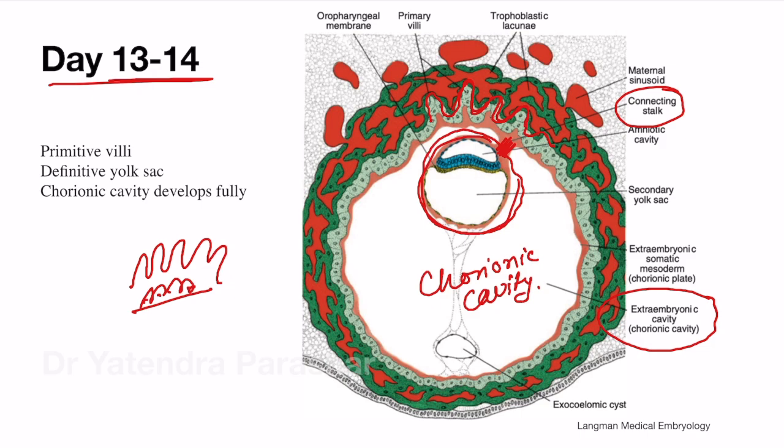Here we can see the yolk sac is now known as the secondary yolk sac because it is covered with mesoderm. The mesoderm which covers the yolk sac is the extraembryonic splanchnic mesoderm, and the layer of mesoderm near the cytotrophoblast is known as somatic mesoderm or chorionic plate.